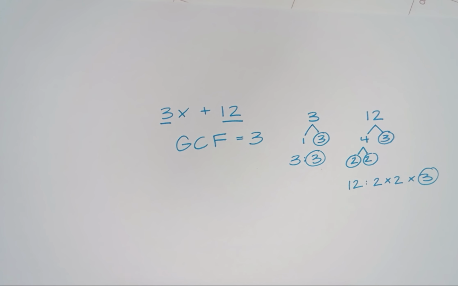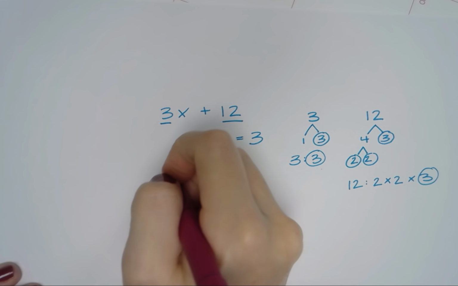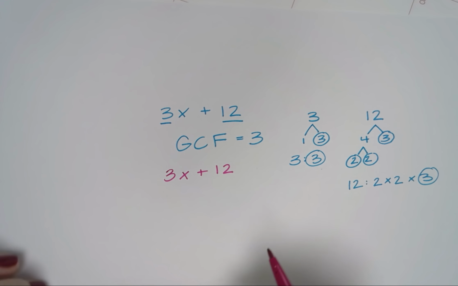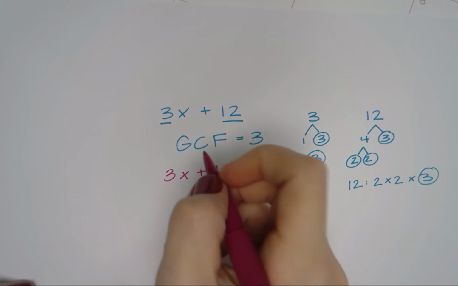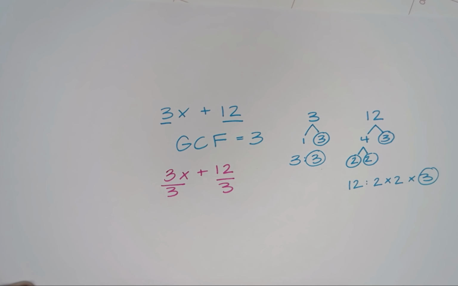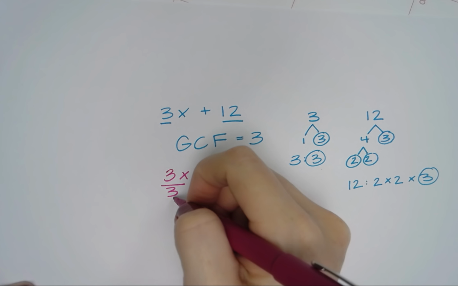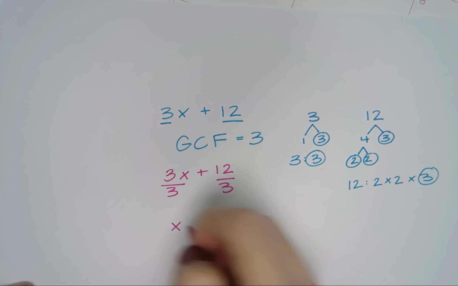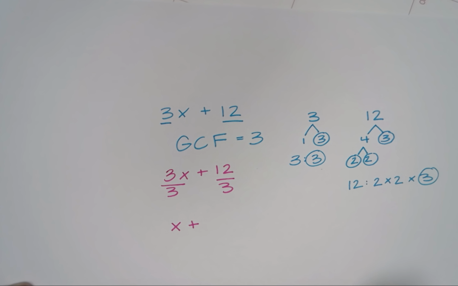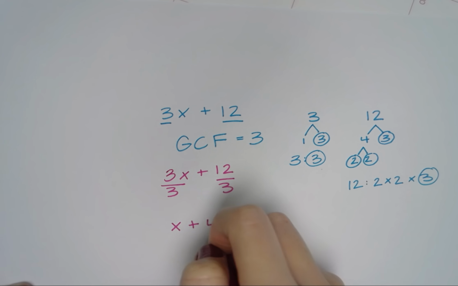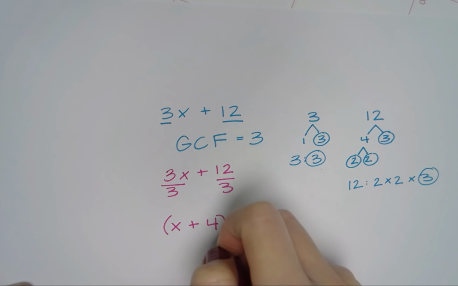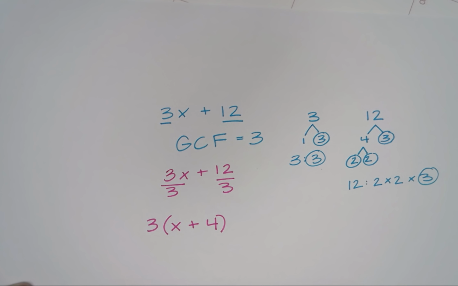So now what I'm going to do is I'm going to take my 3x plus 12, and I'm going to pull 3 out of it by dividing both by 3. So 3x divided by 3 is just x. 12 divided by 3 is 4. And then I'm going to put parentheses around it and put a 3 on the outside.